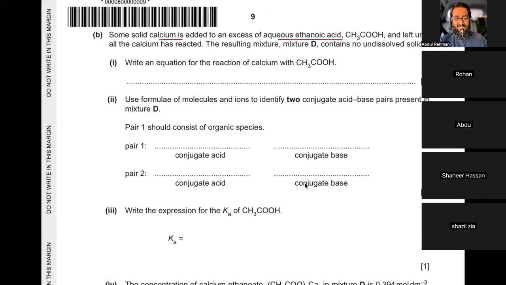The resulting mixture D contains no undissolved solid. Okay. Write an equation for the reaction of calcium with ethanoic acid.